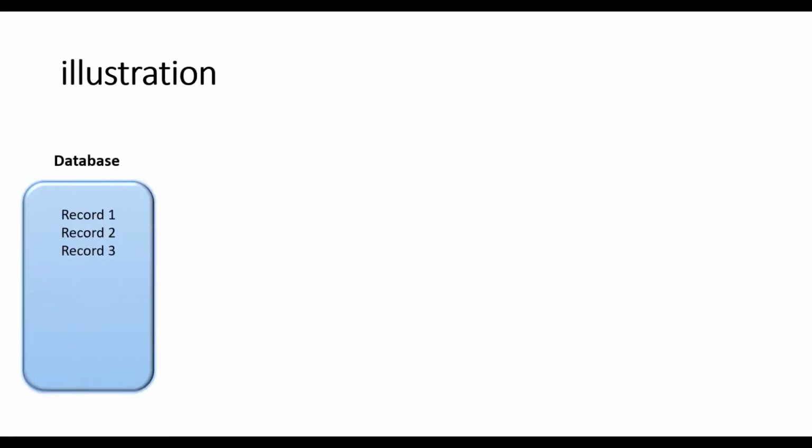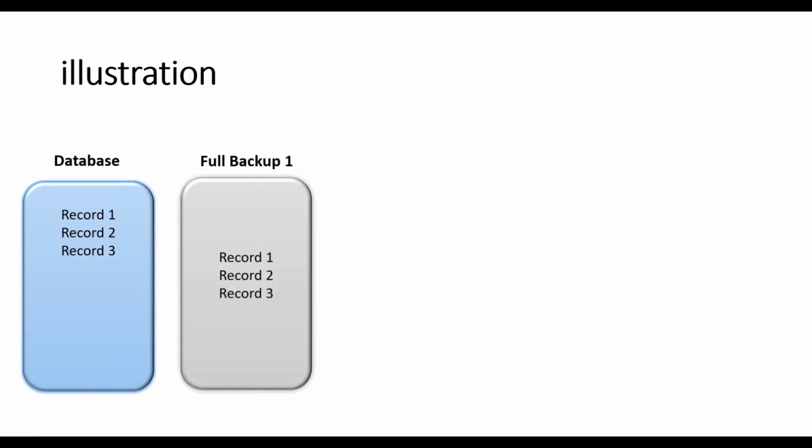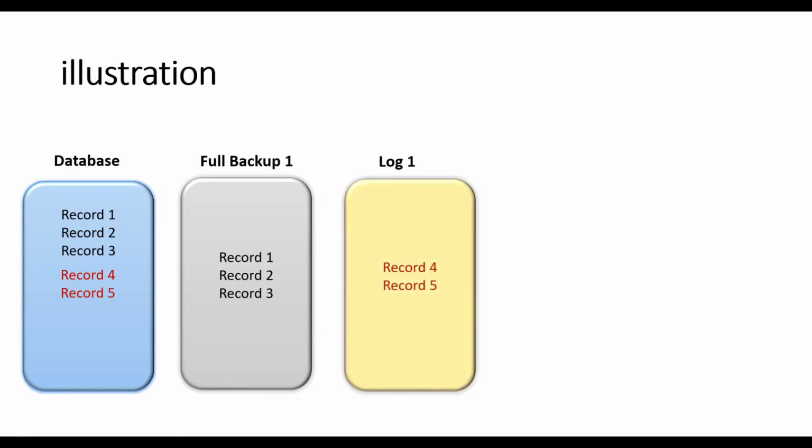So here I have a database with 3 records. If I take a full backup, I will get all these 3 records, and then if I insert 2 more records, record 4 and 5, and then perform a log backup, I will have only those 2 records which were modified after the last full backup, which are records 4 and 5.